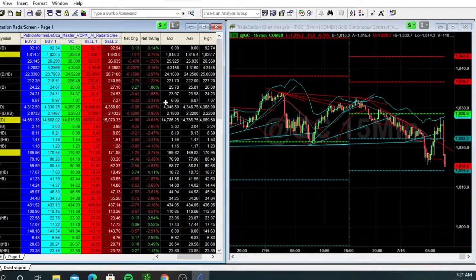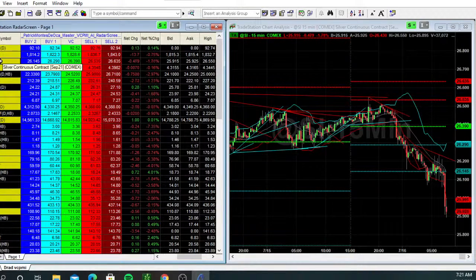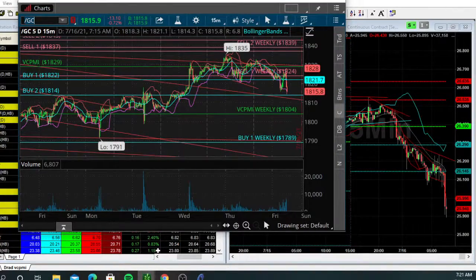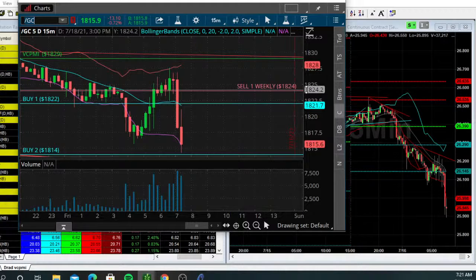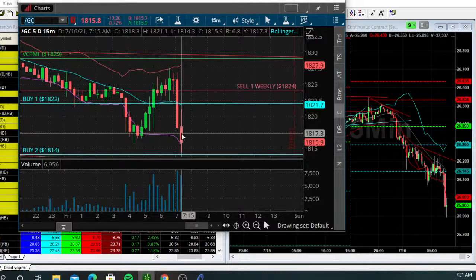We're activating a trade alert here from 1814 on gold, the buy 2 level. And silver 25.92, extremely oversold. $18.14 is the trigger point. $14.30 was the low.